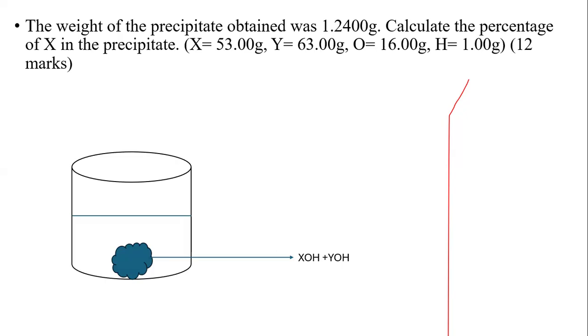So what is the weight in terms of the number of moles and the molecular weight? If the number of moles is N, into the molecular weight of XOH. Then YOH, same number of moles, N into the molecular weight of YOH.